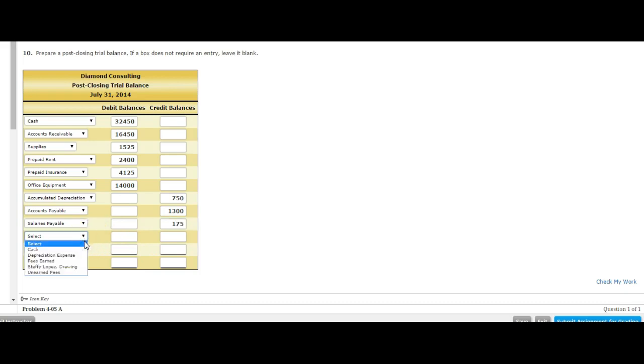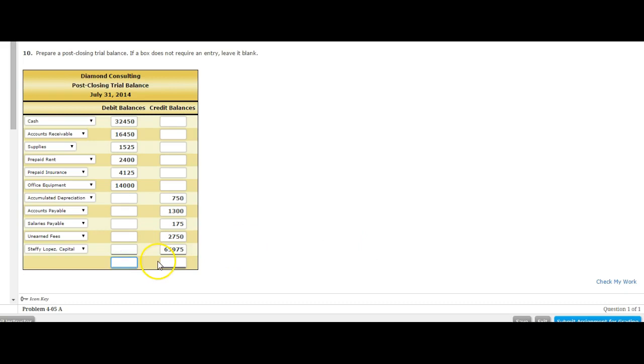And unearned fees right here, of 2,750. And I bet this is going to be a capital account of 65,975.